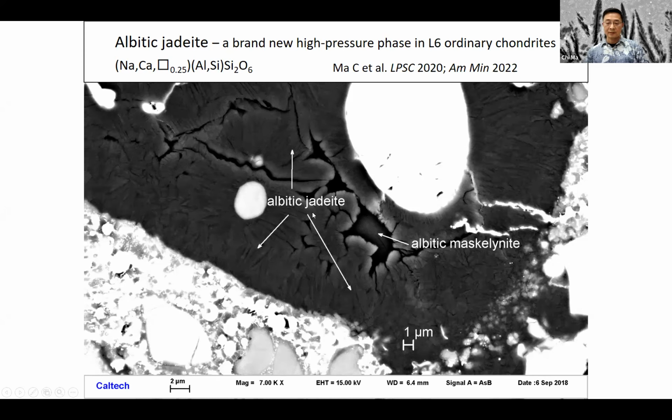Because in this special jadeite we have excess silicon in the alumina site, it is very unstable under the beam, so it's very hard to obtain electron diffraction. So finally, we also combined with synchrotron diffraction to solve the puzzle.